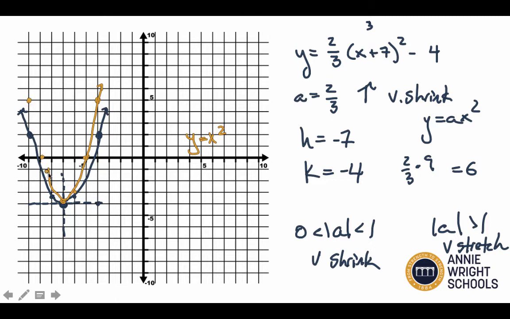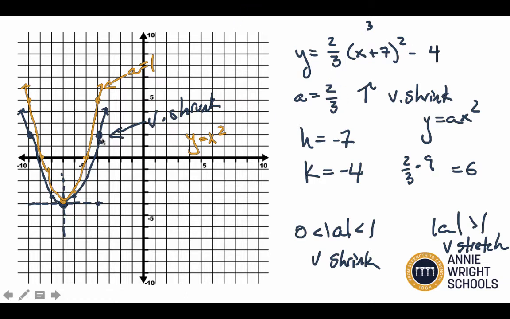Vertically stretched compared to the graph in the blue, right? So this is the original function. This is when a equals 1. So do you see why we call this blue graph vertically shrunk? It's like it's been smushed down just a little bit. Not much, but a little.